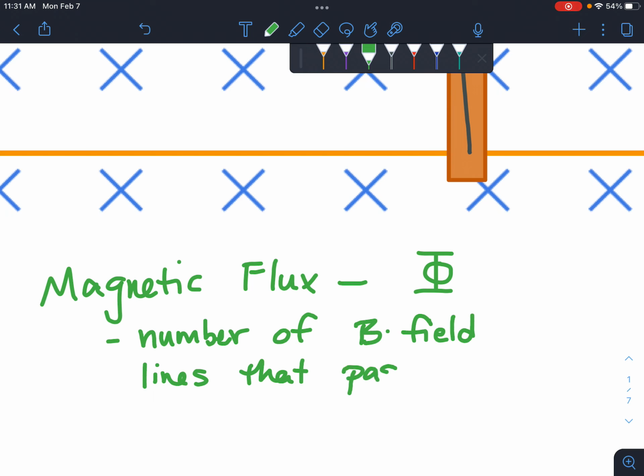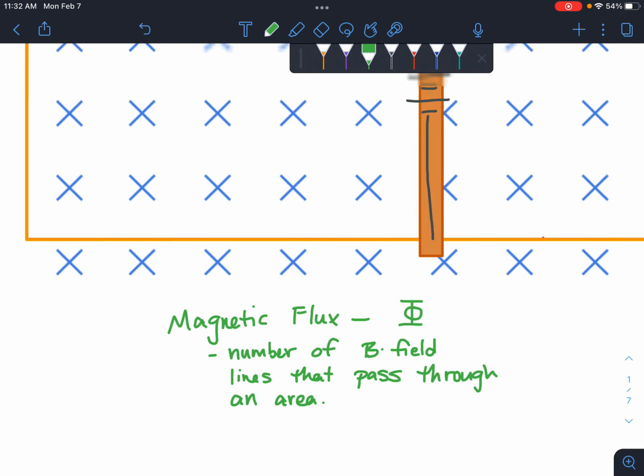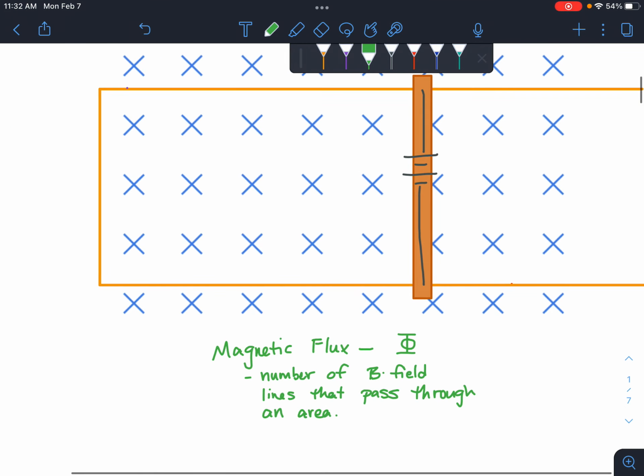It's a little more complicated than that, but that's a very quick and dirty understanding of what it is. And this is what helps us understand where Faraday's law fits into this.